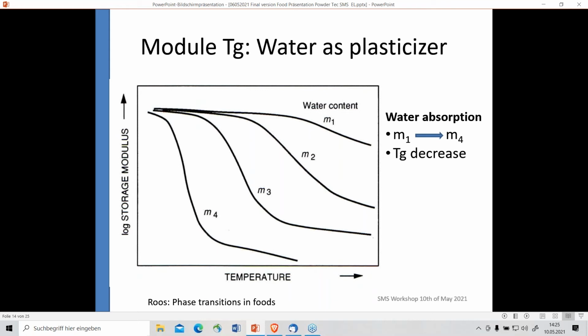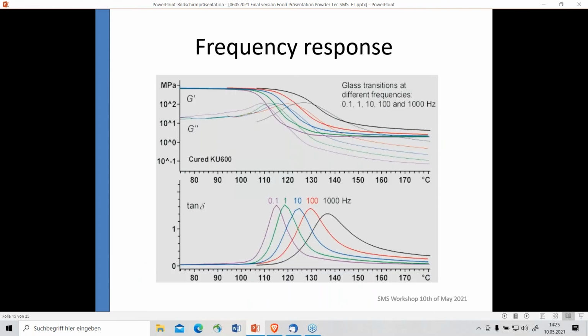On the other hand, there is a second issue, which you can figure out quite easily. That's the frequency response of the powder or of your structure. You see the frequency has a big influence, like the temperature or the water activity.